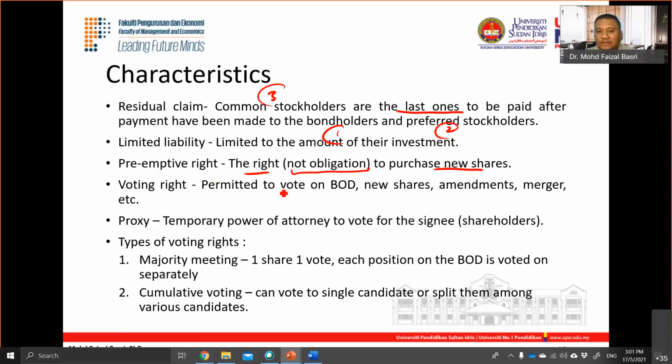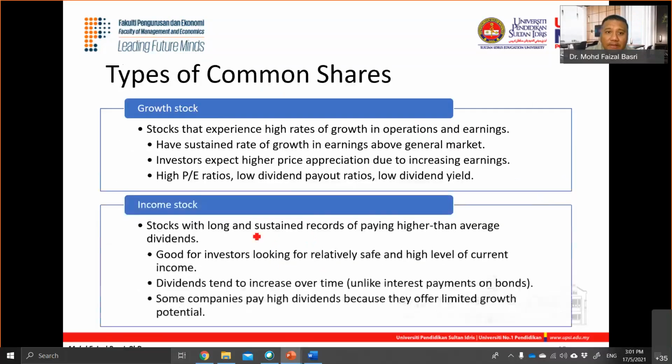For example, as written here, they are permitted to vote for the board of directors, issuance of new shares, and mergers and acquisitions. So for all major decisions, the common stockholders can vote. The rest you read later.